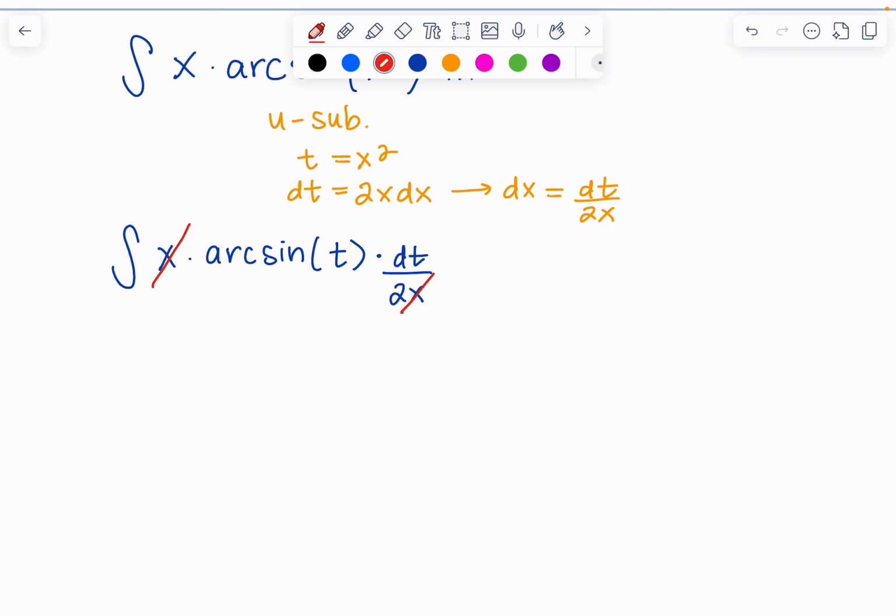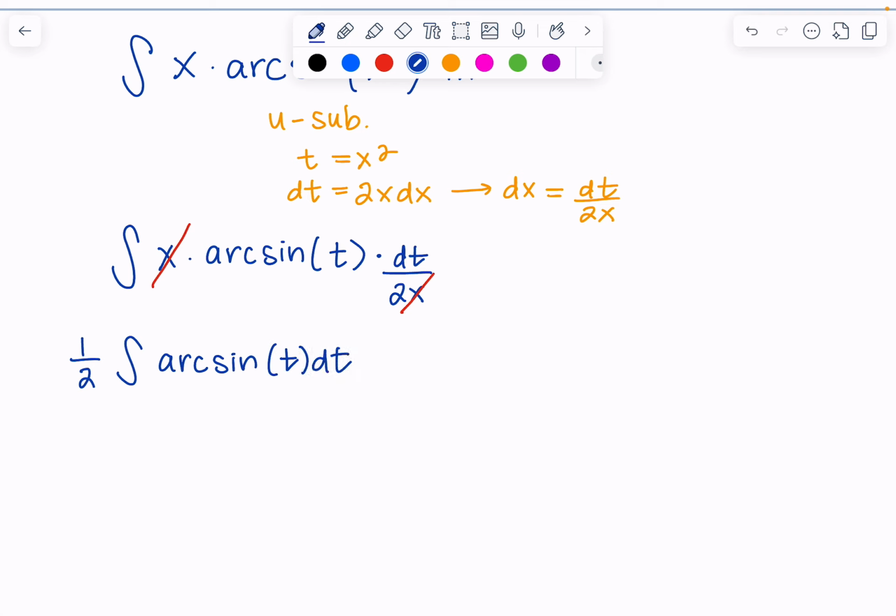All right, so if I cancel those out, I'm also going to pull out this over 2 part. So if I have that over 2 part, it's really a 1/2. And then I'm just going to rewrite arcsine of t dt.